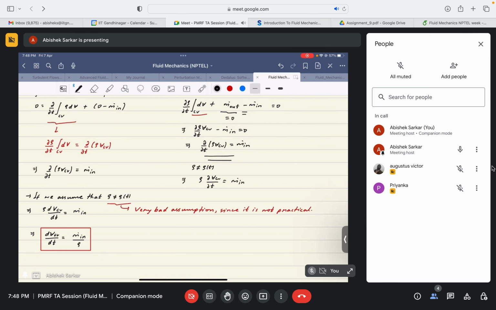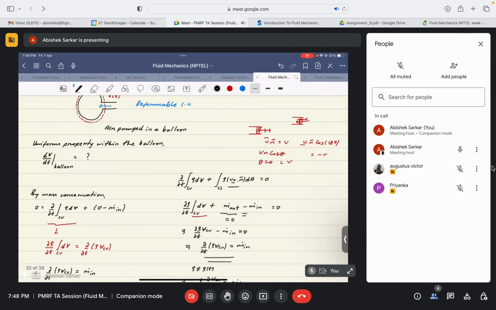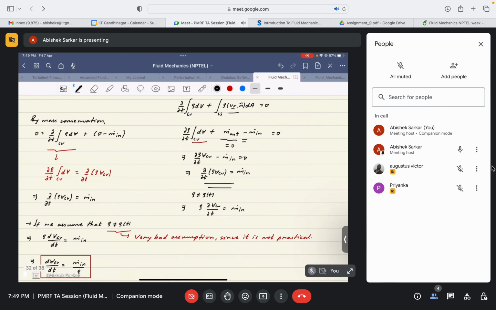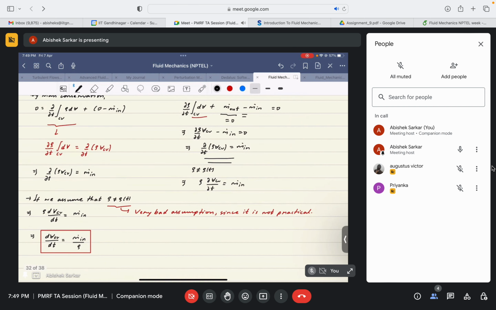And again, since the properties remain the same within the control volume, with respect to spatial coordinates the volume does not change, and that's why V depends only on time. So instead of del by del t, we can write the complete derivative, rho dV_CV by dt is equal to m dot in, which gives dV_CV by dt is equal to m dot in by rho.